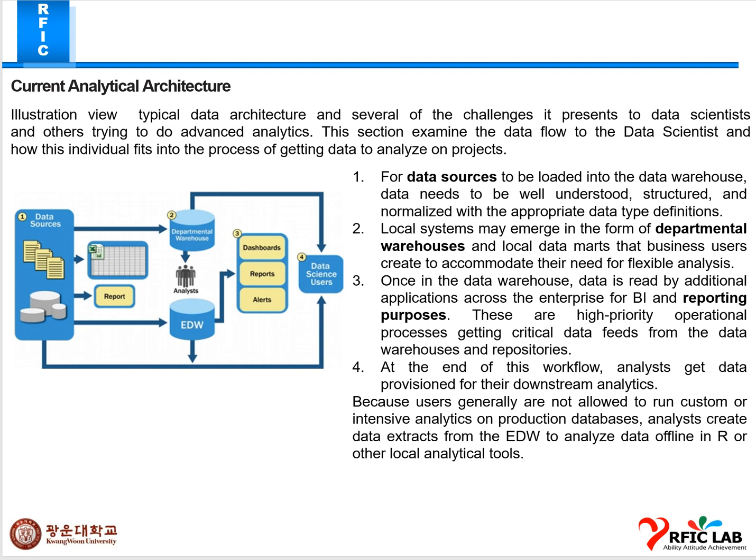And second is local systems that may merge in the form of departmental warehouses and local data marts that business users create. And third, you can see there is a dashboard, report, and alerts.